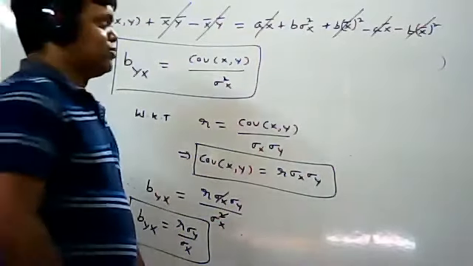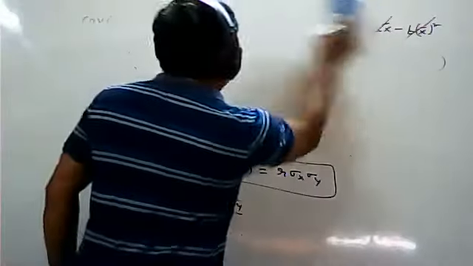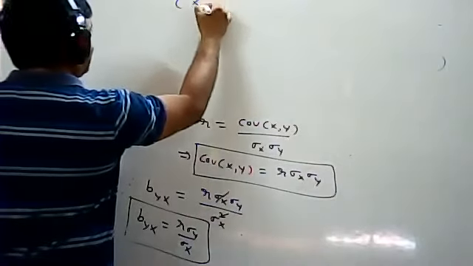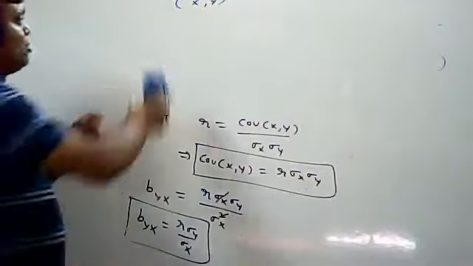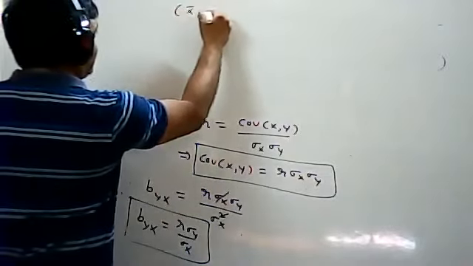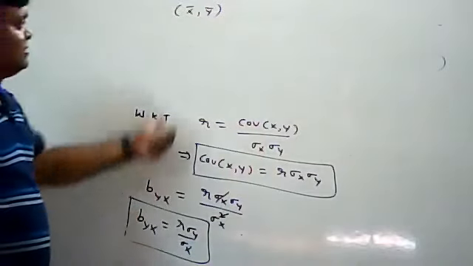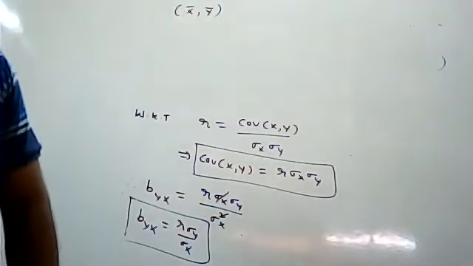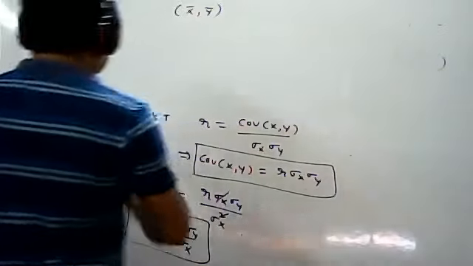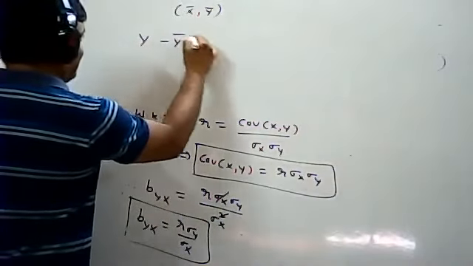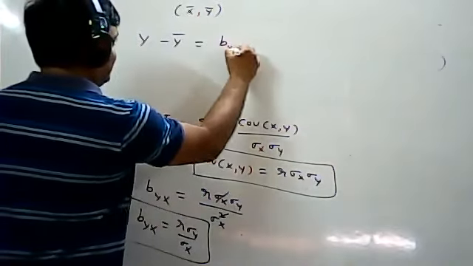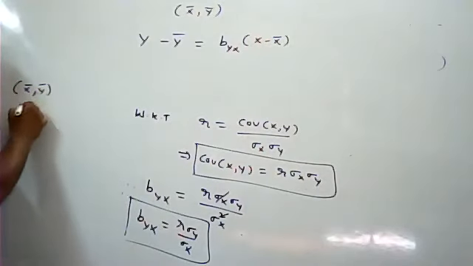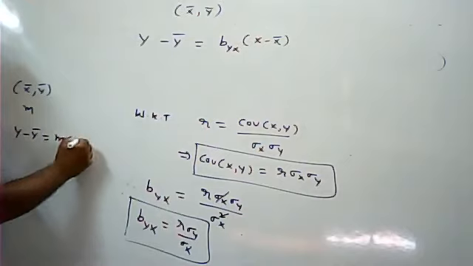Since b is the slope of the regression line, and the regression line passes through the point x bar comma y bar, as in equation 4, the regression equation is given by y minus y bar equal to byx into x minus x bar. Just now I told you, the line passing through x bar, y bar with slope m is y minus y bar equal to m into x minus x bar.